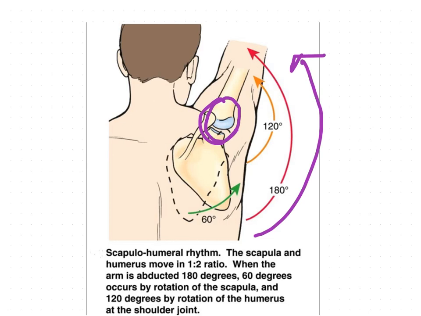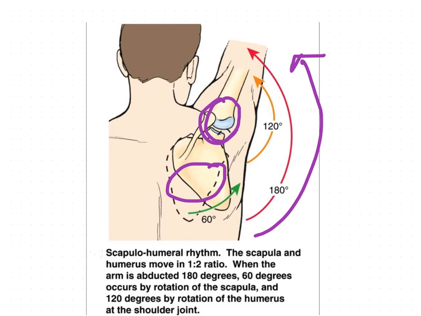So the remainder of the range of elevation is contributed by the scapulothoracic joint, through its sternoclavicular and acromioclavicular joints, because the scapulothoracic joint is a closed kinematic chain with the sternoclavicular and acromioclavicular joints.